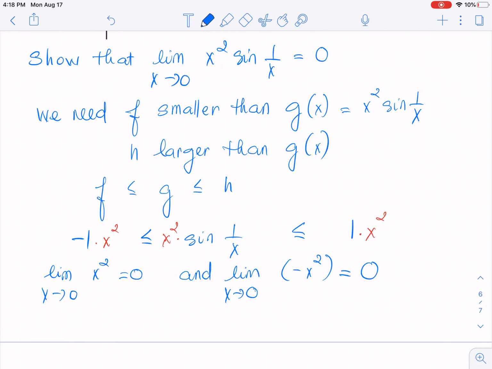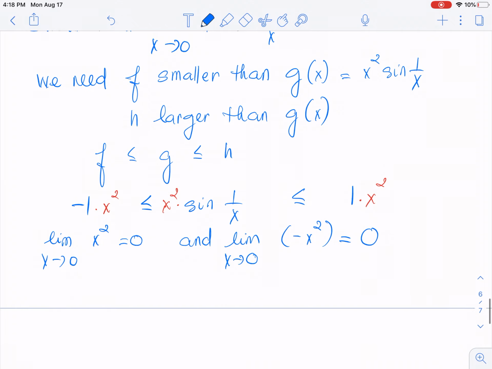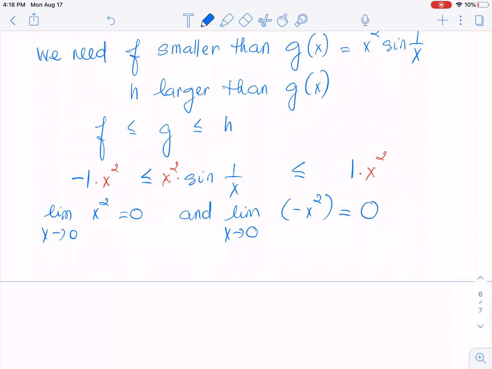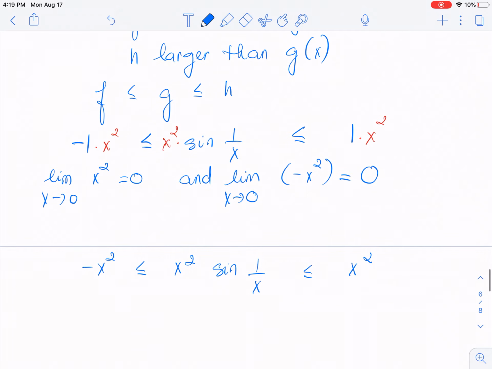Okay, so I'm going to rewrite. We have -x squared less than or equal to x squared times sine of 1 over x, less than or equal to x squared. The limit of the left side equals 0, the limit of the right side equals 0. Therefore, by the squeeze theorem, the limit of the middle one has to be 0.